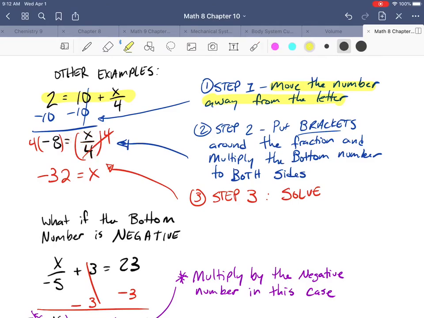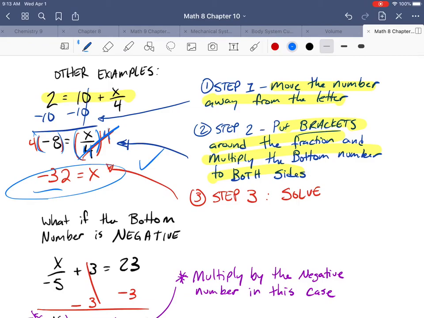Second step, put the brackets around the fraction and multiply what the bottom number is. So we put these brackets here, we take the bottom number, put it in the corner, bam it out, come over to this side and multiply. 4 times negative 8 is negative 32, and that's your answer. Cool beans. So that's how you do it if it's on the other side.